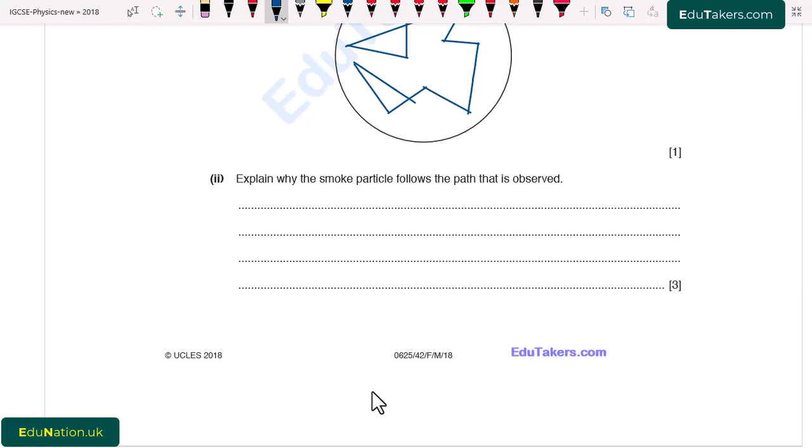So I write here: air molecules move in random direction, which collide with smoke particles.